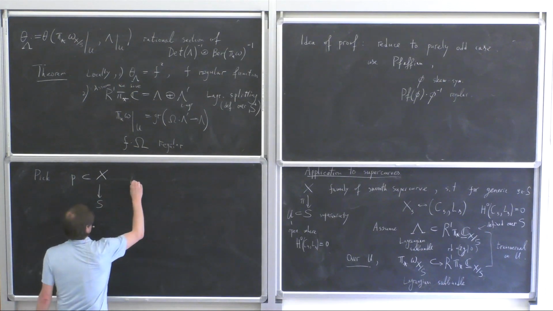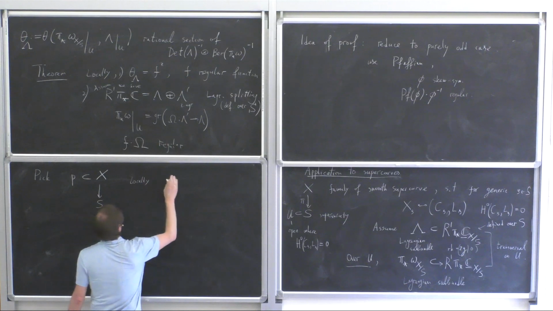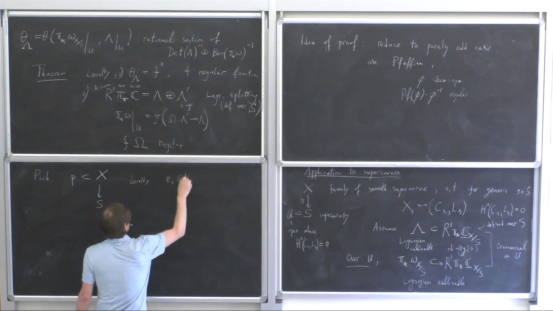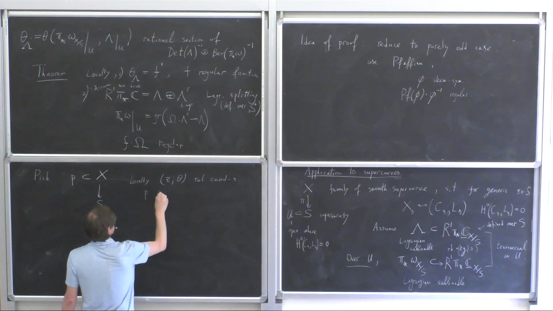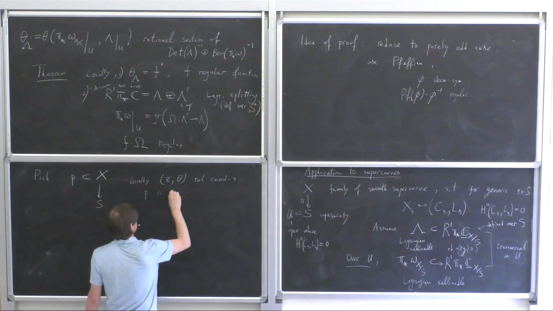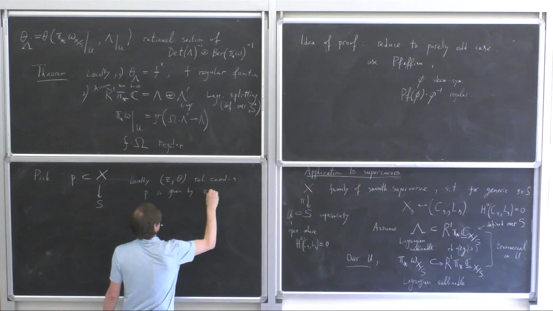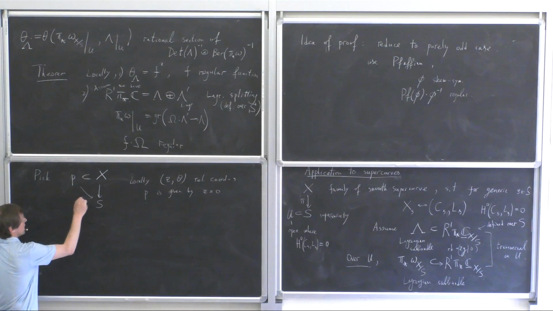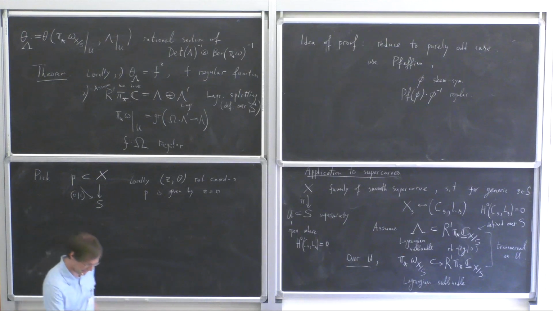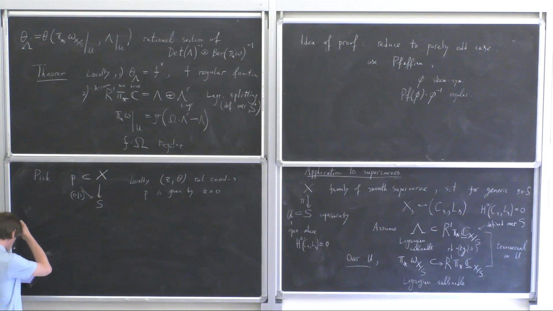So locally, if you have relative coordinates z, theta, then P is given by z equals 0. So P is not isomorphic to S, rather this map is a smooth map of dimension 0|1. So it has one odd coordinate and no even coordinates relative to S. So we can always locally pick such a thing.